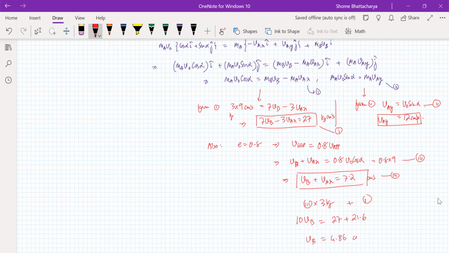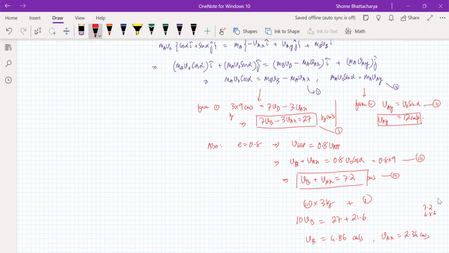Okay, so VB I'll get as 4.86 centimeters per second. From that, I will get VAX as 7.2 minus 4.86, which will give us 2.34 centimeters per second.